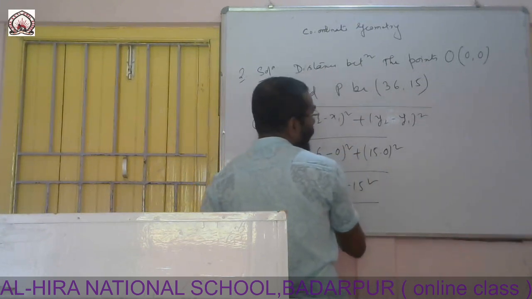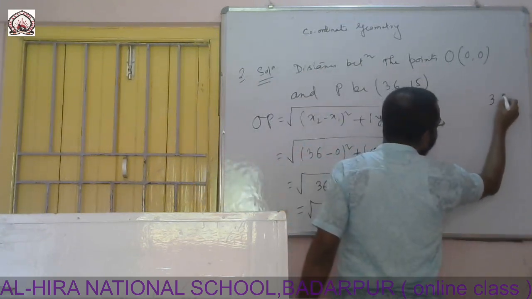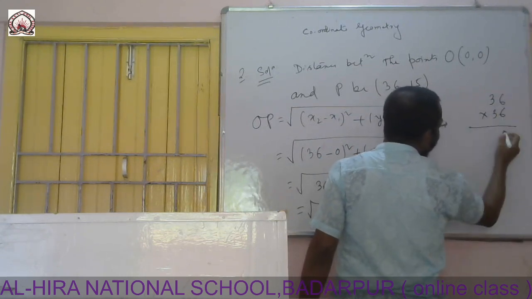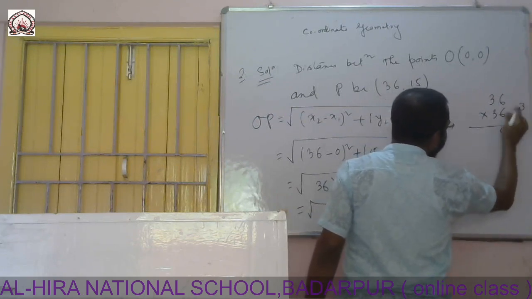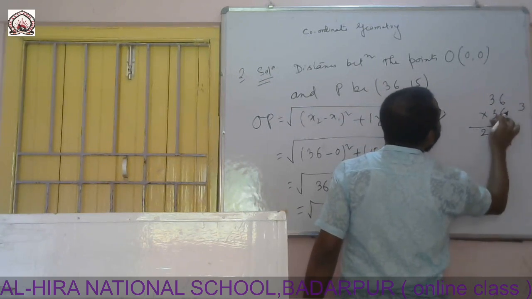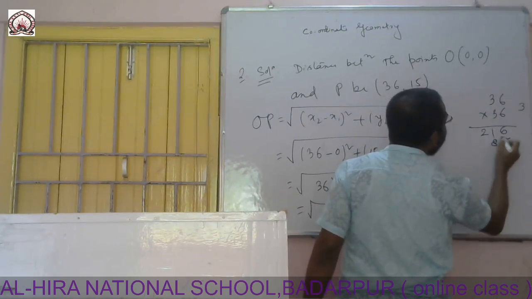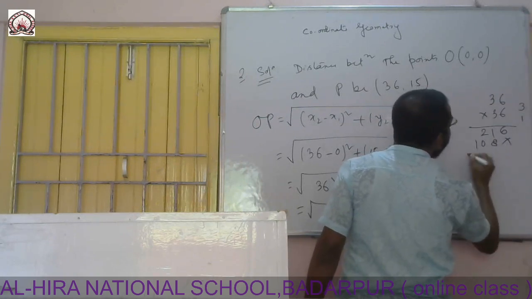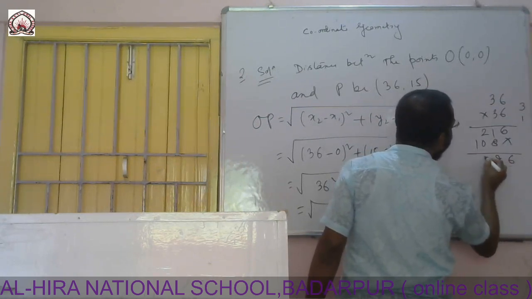If we multiply 36 into 36: 6 times 6 is 36, putting 6, carry 3; 6 times 3 is 18 and 3 is 21. Again 3 times 6 is 18, carry 1; 3 times 3 is 9 and 1 is 10. So it is 1296.